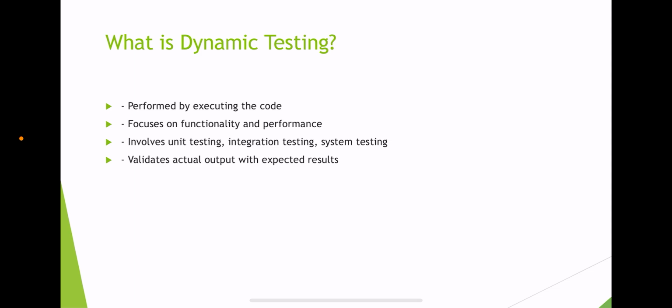Here we validate the actual output against the expected output based on the test cases we have written. So actual execution of test cases is done in dynamic testing. The key point of dynamic testing is that it ensures the software works as expected.